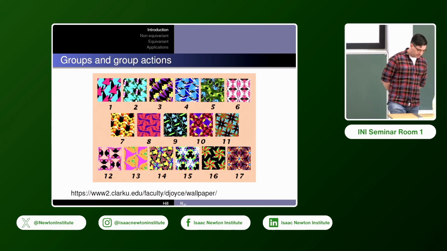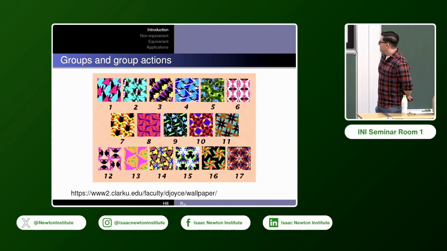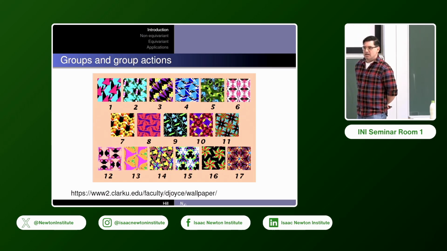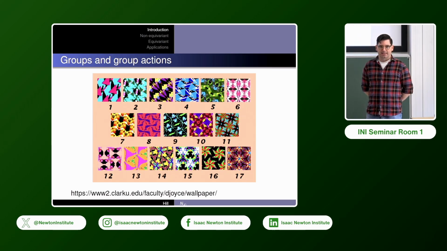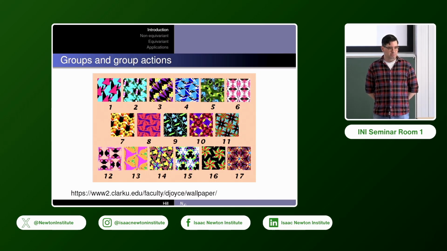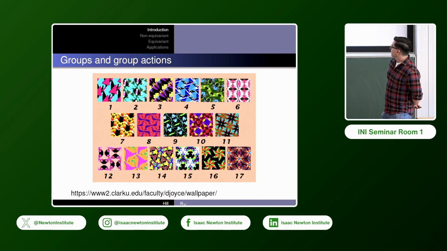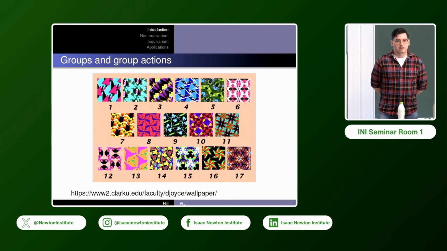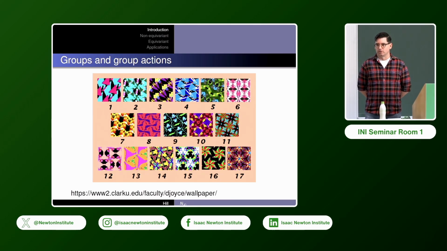These are pictures of the 17 wallpaper symmetry groups. And I found this amazing 1980s color paletted picture of the wallpaper symmetry groups. I know, it's incredible. I found it online, and I use it when teaching a course on art and math to undergraduates.